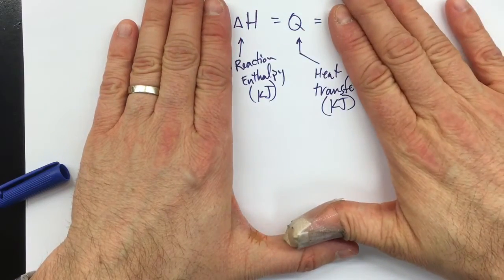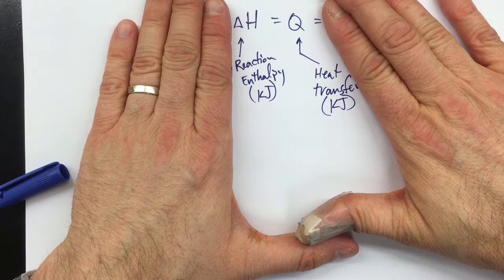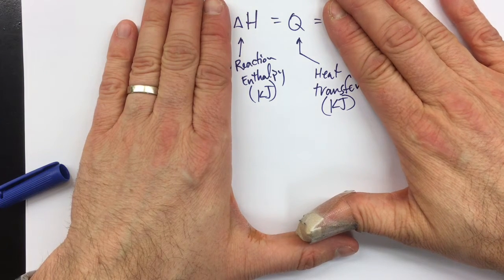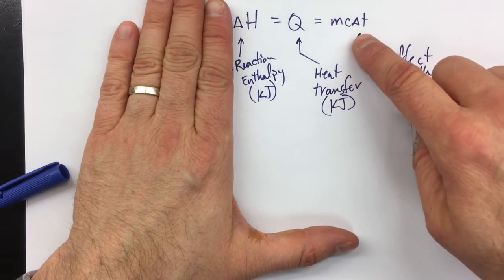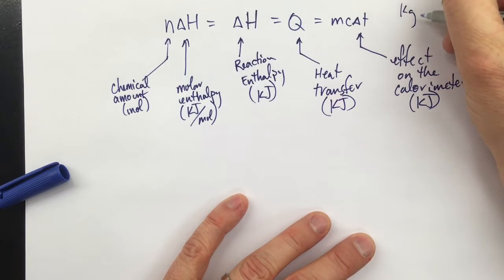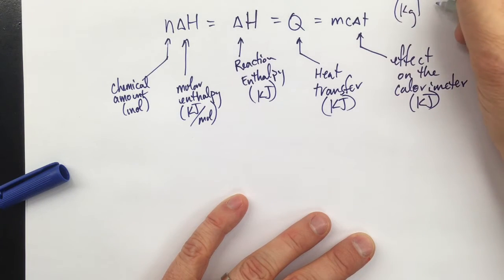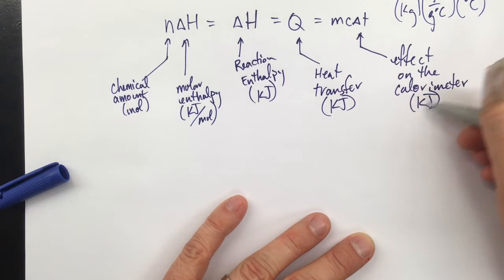The enthalpy change in the reaction is going to be equal to the calorimeter's heat exchange or heat transfer. And that kilojoule would be equal to mc delta T, because you'll remember that the mass, if it were in kilograms, times the joules per gram degrees Celsius times degrees Celsius will be kilojoules.